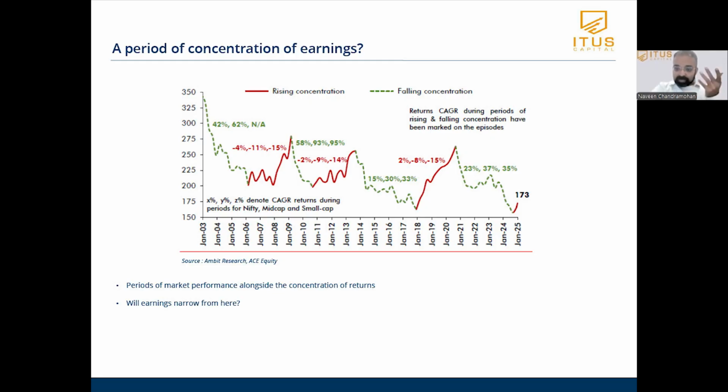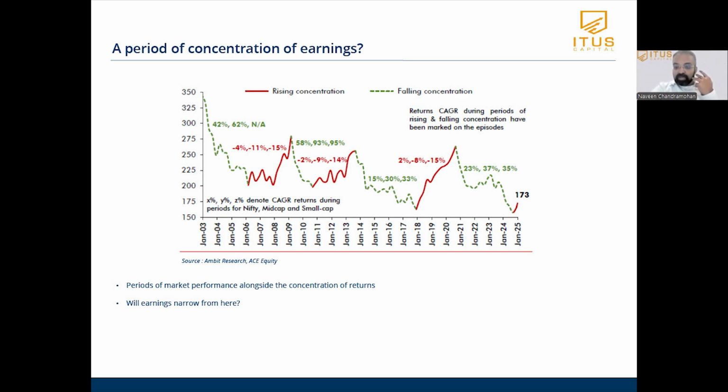But on purpose, every time the concentration has gone down, I've put it in green. And every time the concentration has gone up, I've marked it in red. Why is that? Because next to this green and red, you'll see three numbers. These three numbers are the annualized IRR of Nifty 50, Nifty mid cap, and Nifty small cap over these periods.